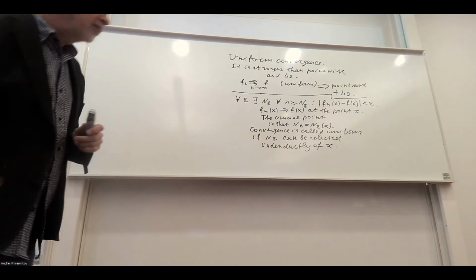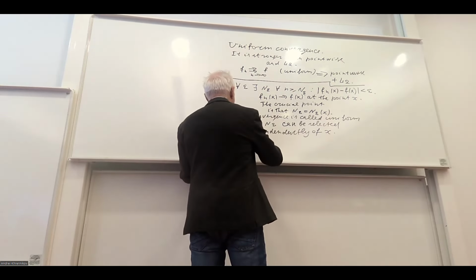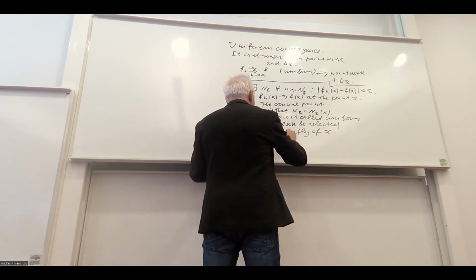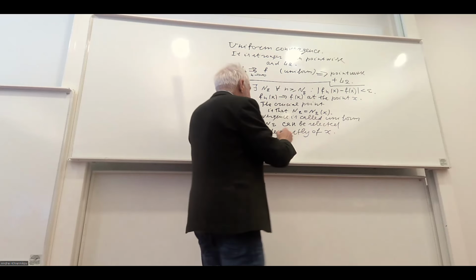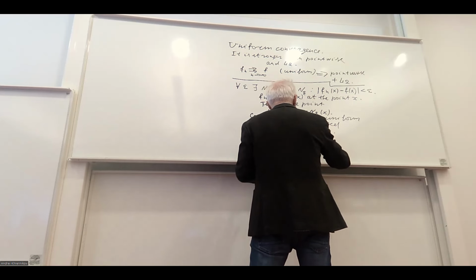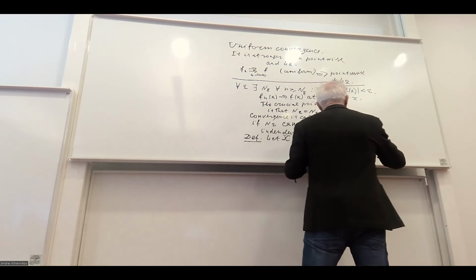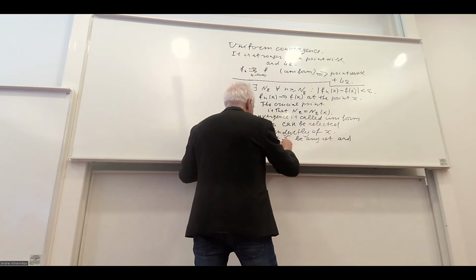And now we give the general definition through epsilon-delta. Let X be any set. So now we need not be on a real line; we can be on any space. Let f_n be functions from X to the real line.